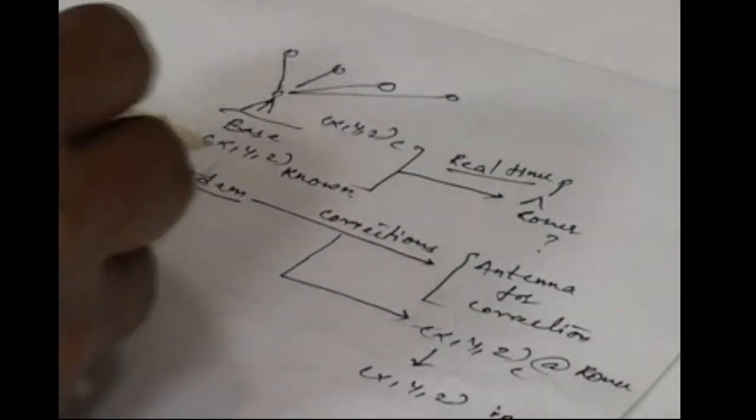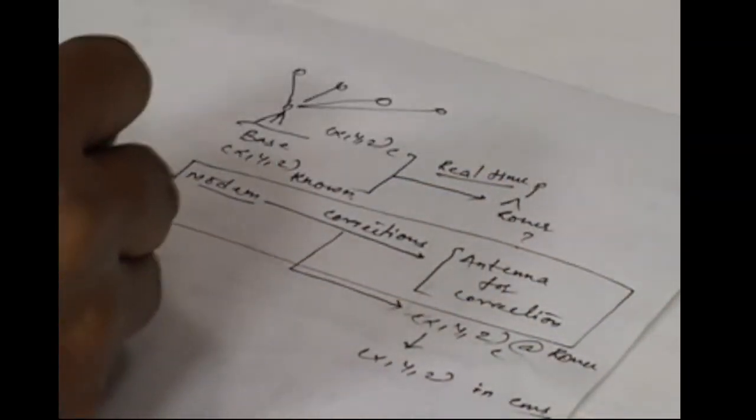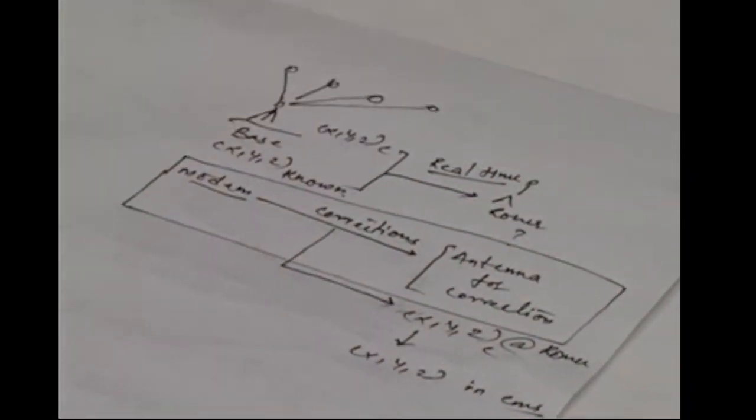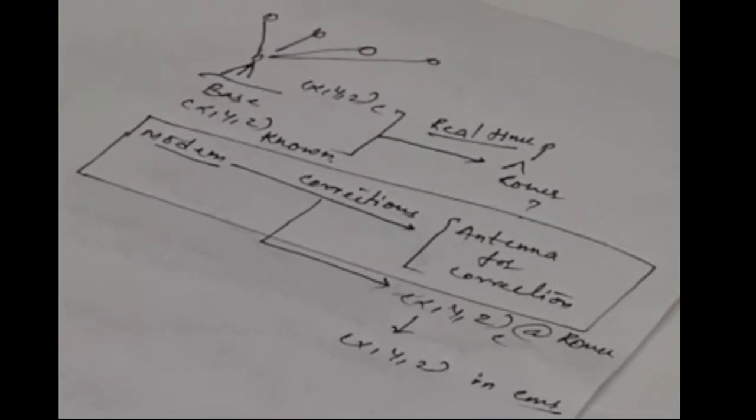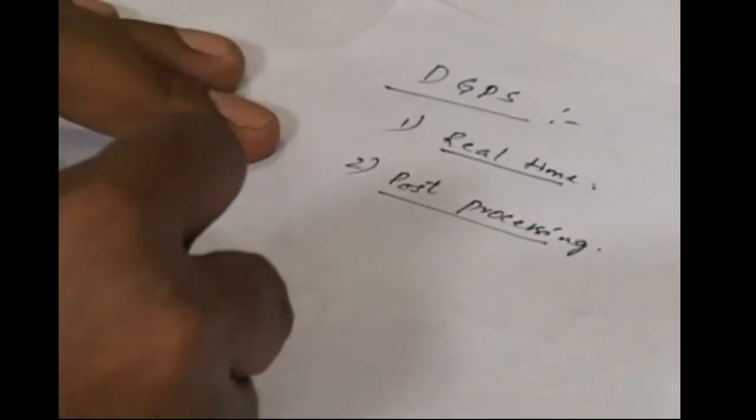So this is the basic thing required for real time DGPS, differential GPS. And regarding the post processing method, just place a receiver over the base, and start the survey.